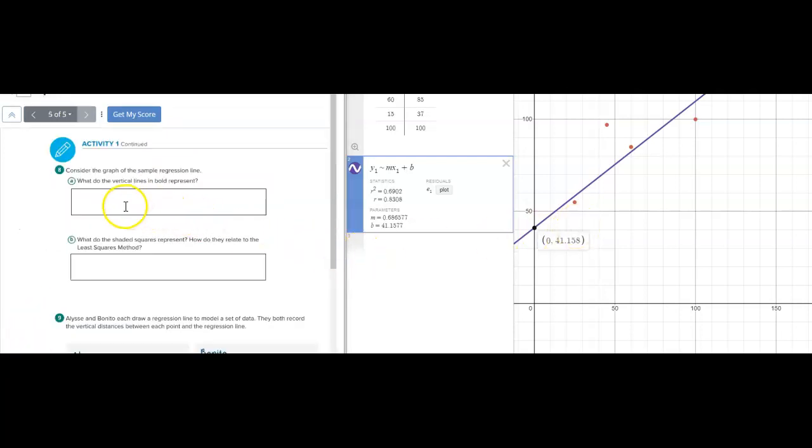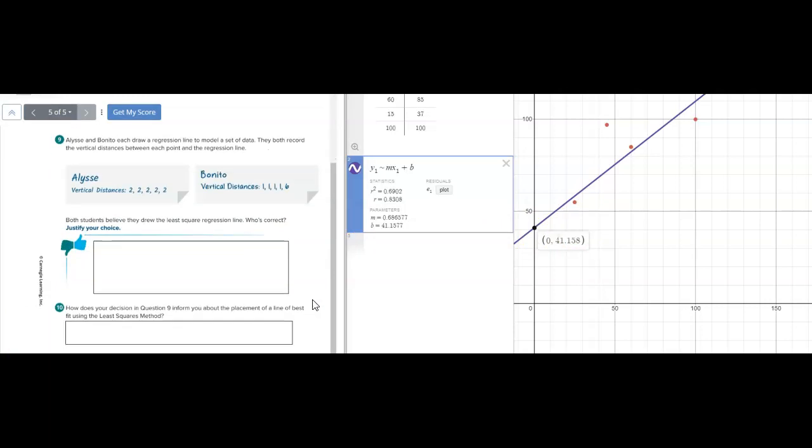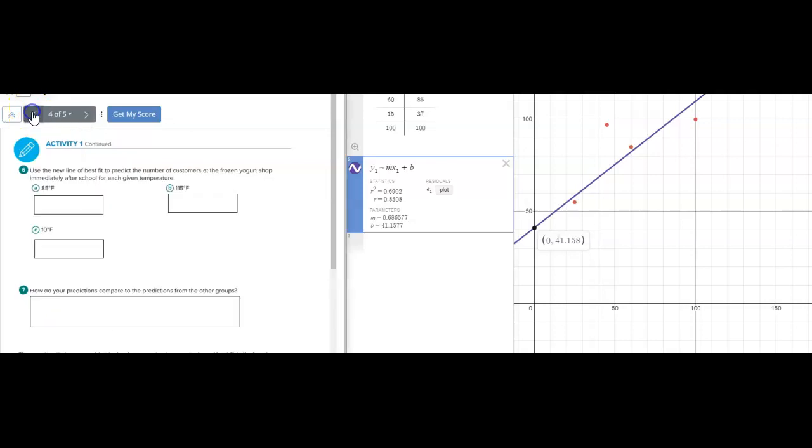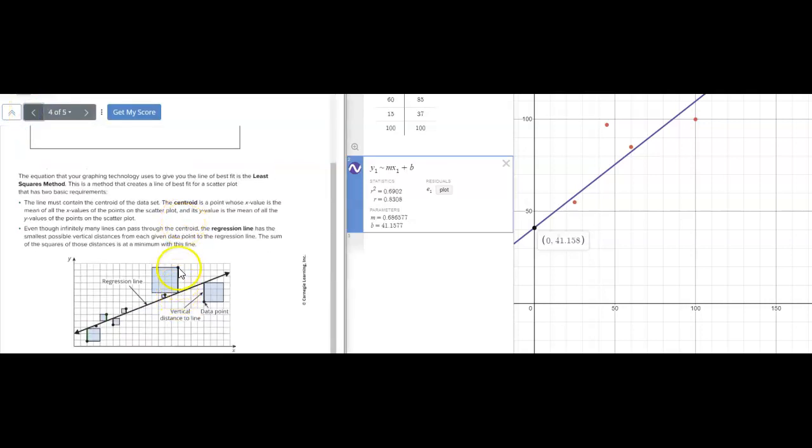So the first question on page 137, question 8a, is asking, what do the vertical lines in bold represent? In that diagram, you can see these bold vertical lines that go from the point to the regression line.